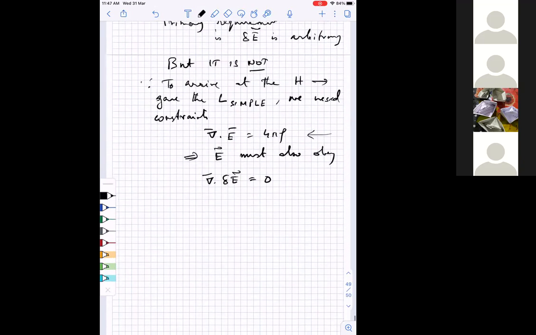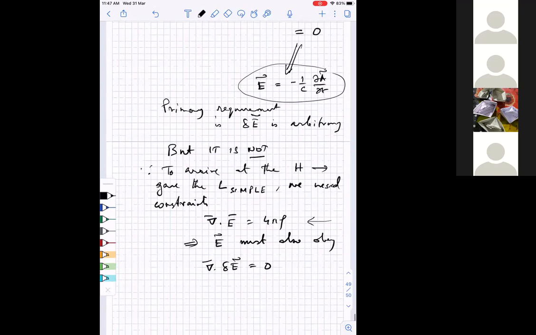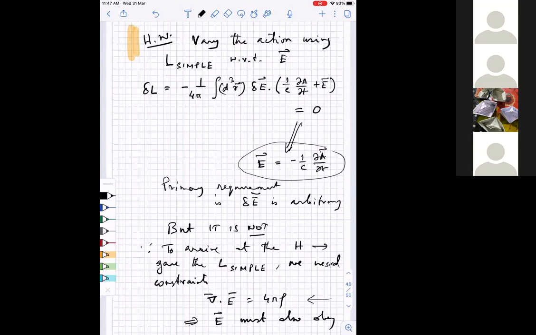So this constraint equation is there. And if you vary that constraint equation, just take the small variation of that, rho is constant, because you're doing it for some charge density. So then this is 0. So over here, remember this, delta E times some vector, which is in the bracket.